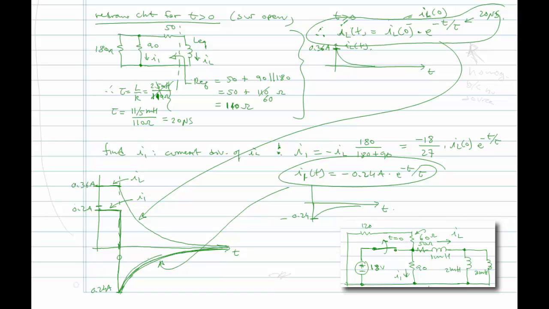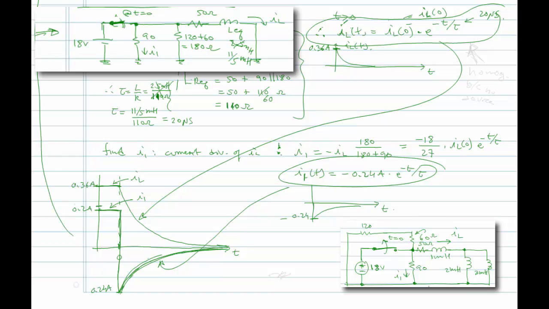So initially, looking at the initial circuit here, we have the switch here, and the switch is going to eventually open at t equal to 0.